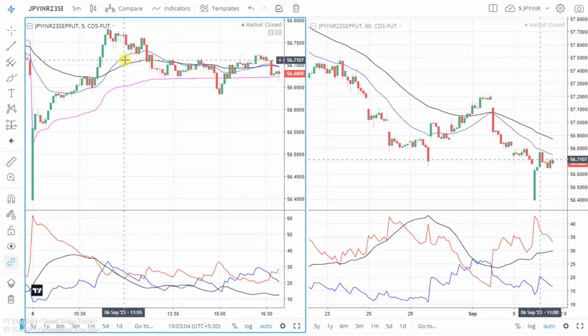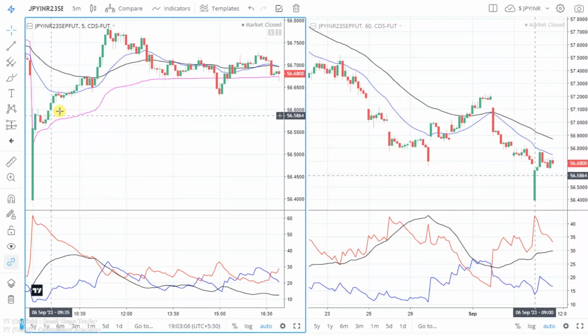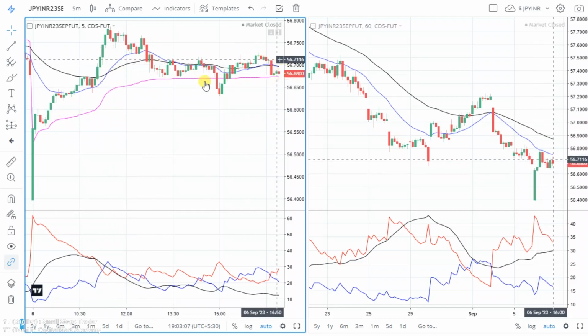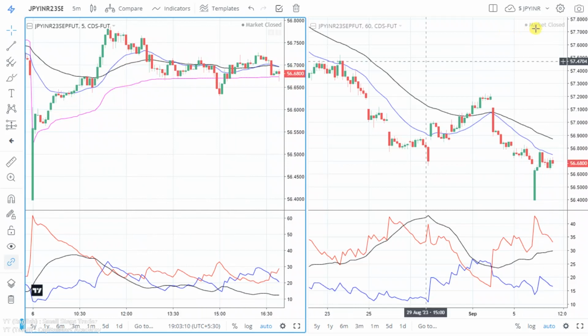It should be around 25 to 30 paise movement, but most of the time it is sideways. For the positional traders' 1 hour chart, it is continuously on the downside, but here it is consolidating. Though it looks downside only, here it is consolidating. So it has to break decisively.